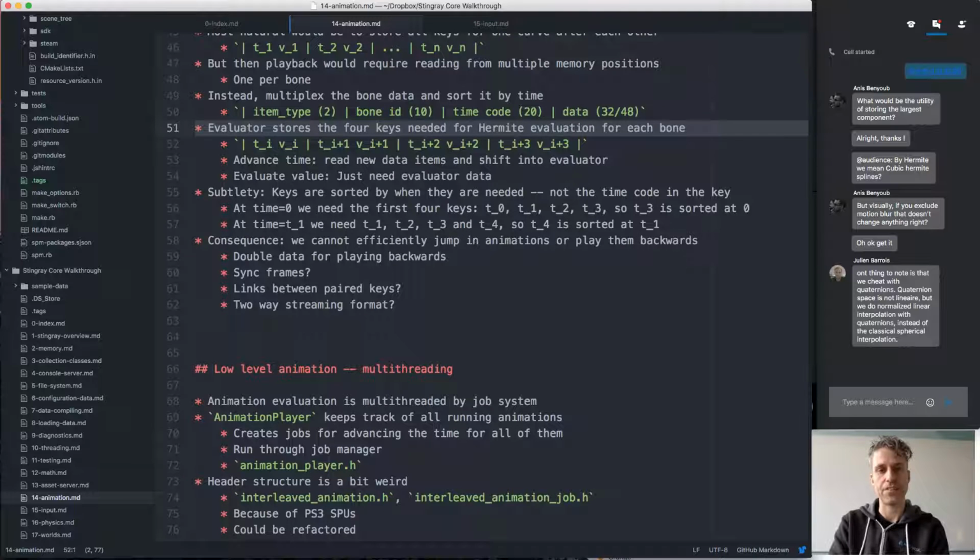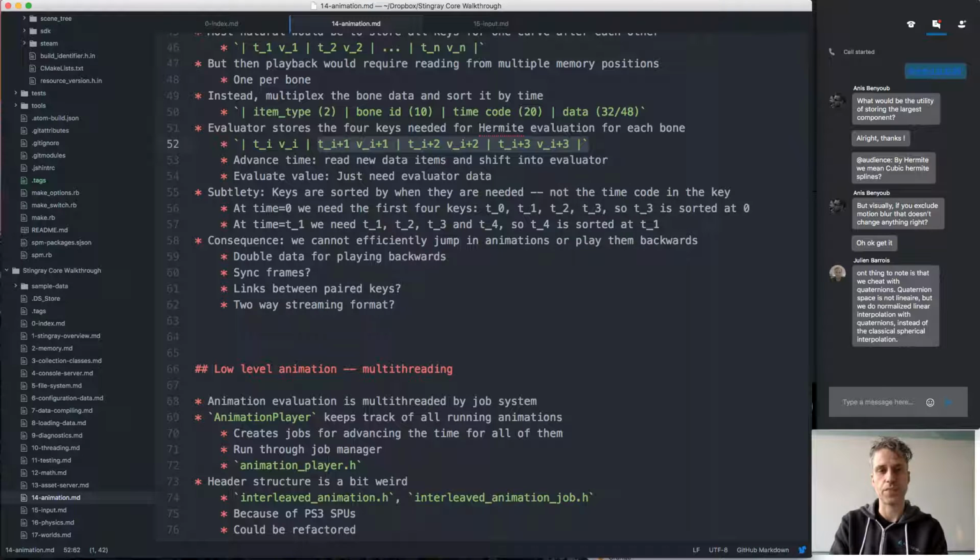What happens when we advance time is that we read new data items like this, and we shift them into the evaluator for the bone that's specified here. So if we encounter a new key for this bone, it will shift out this key, and we will have a new set of keys for the Hermite curve, which consists of these 3 keys and the new key that comes in here. And then we can continue to evaluate.